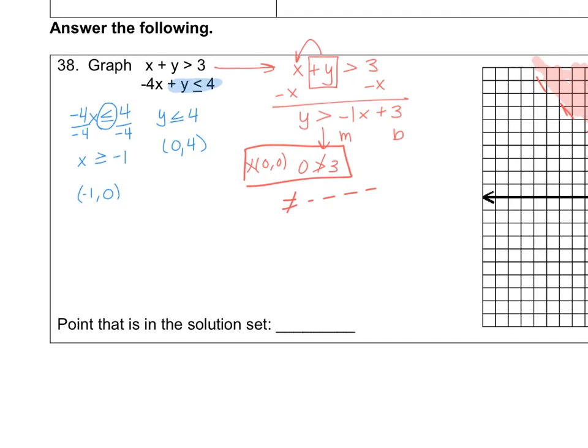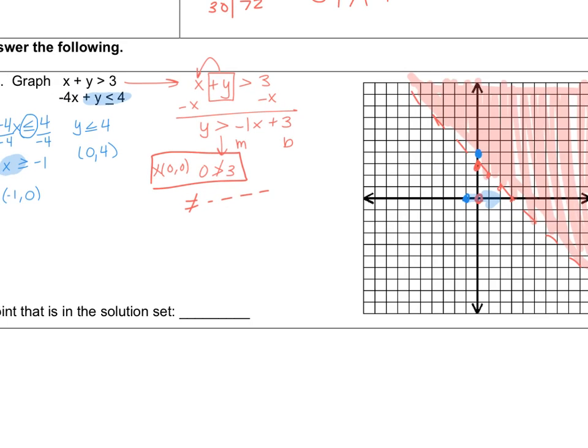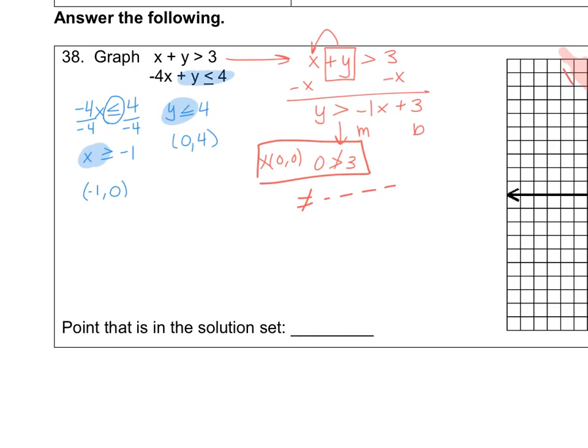I've got to be greater than my negative 1. So that means if I'm looking at the x-axis, I'm going to be shading off that way. I've got to be less than the 4, so I'm going to shade off that way. So it's going to tell me which way to go. Now, this one is equal or not equal.